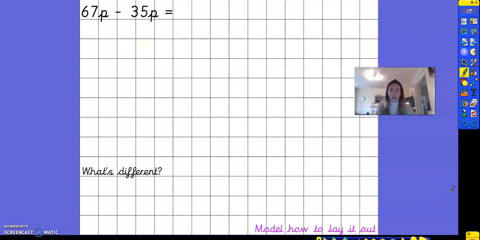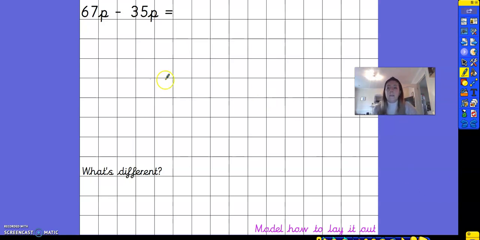So today we're going to continue looking at subtracting two-digit numbers. But what do you notice is different here? What's changed? Hopefully you recognise we've taken the grid away, and there's also something else that has changed.